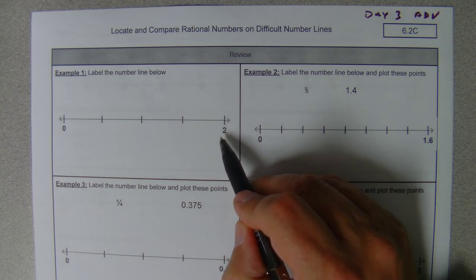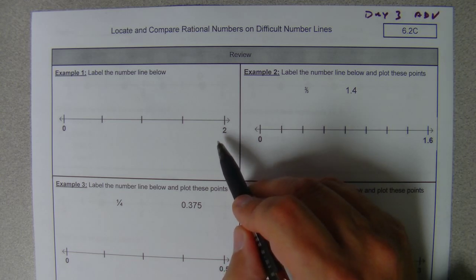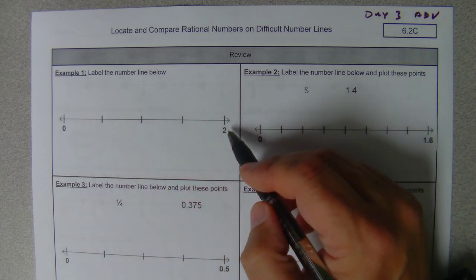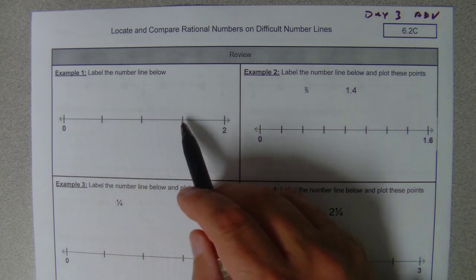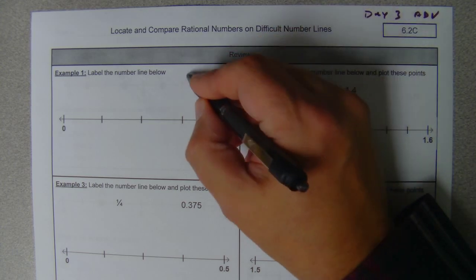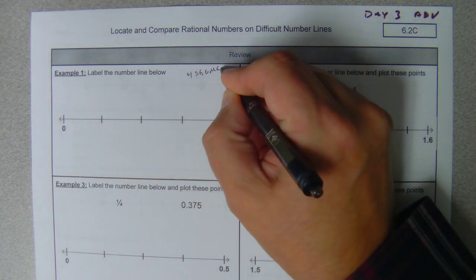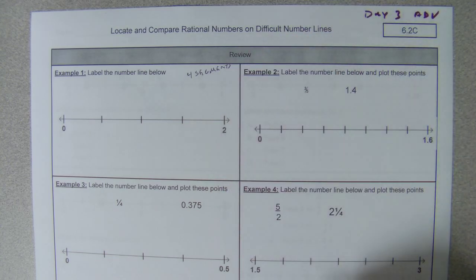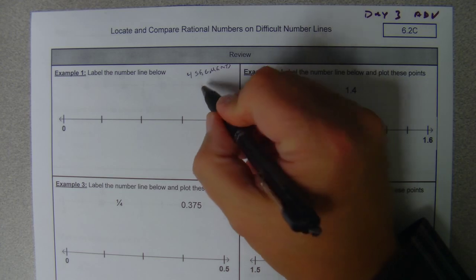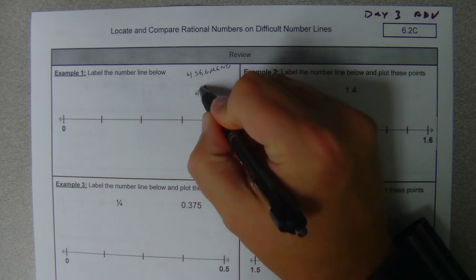And here's the strategy that you need to understand. If you're going to 2, and there's 1, 2, 3, 4 segments, then what you have to do is divide 2 by 4.